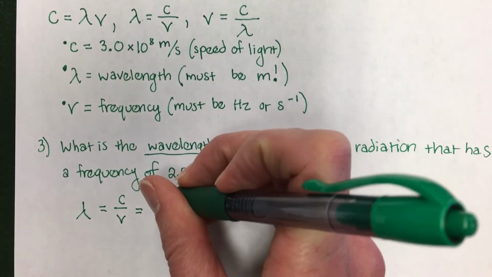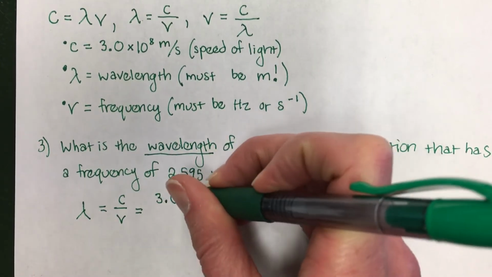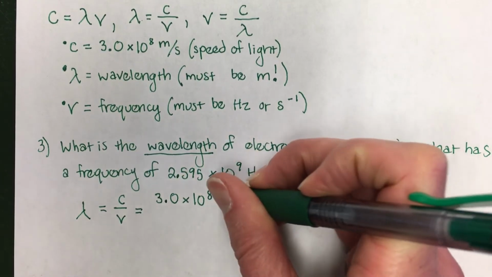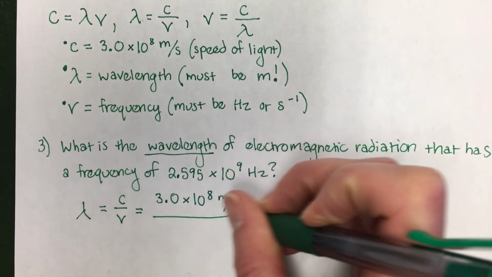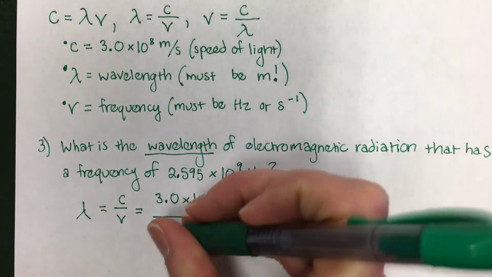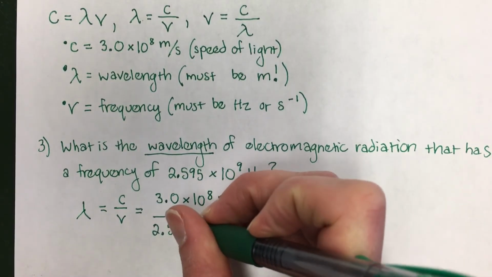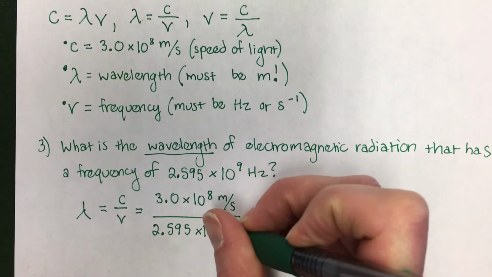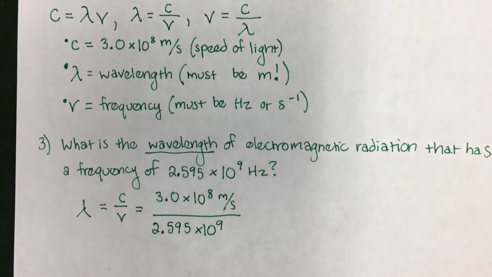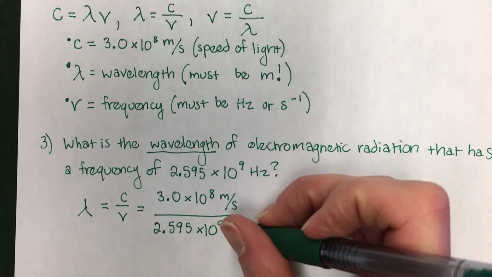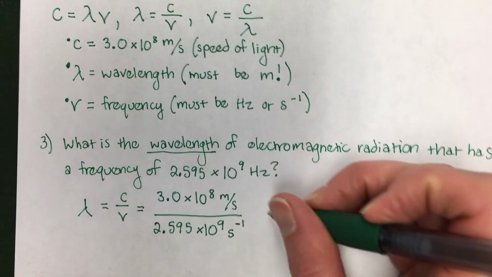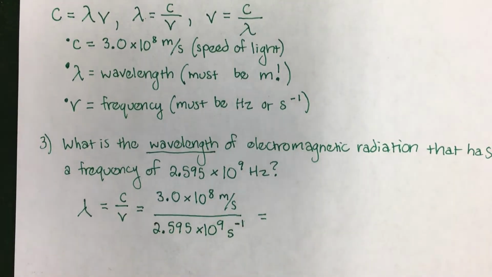We already know C is 3.0 times 10 to the 8th meters per second. Our frequency is 2.595 times 10 to the 9th. And hertz is the same thing as seconds to the -1. So I can write that as either hertz or seconds to the -1. And then all I need to do is put those in my calculator. So I would type it like this.